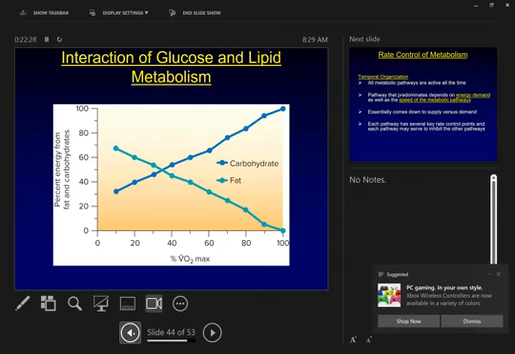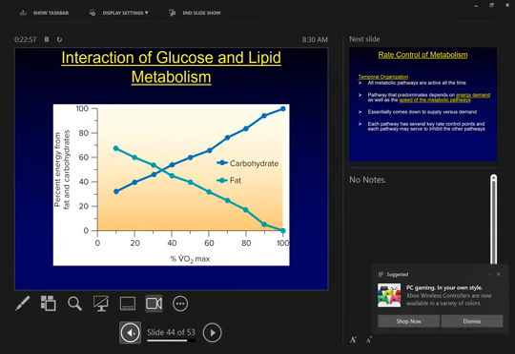This is a new version of the same slide that was in there. This is called a crossover graph. Let me try to show you what is happening here. The graph shows carbohydrate use for energy during exercise in the blue, and in the seafoamy green-blue, fat.